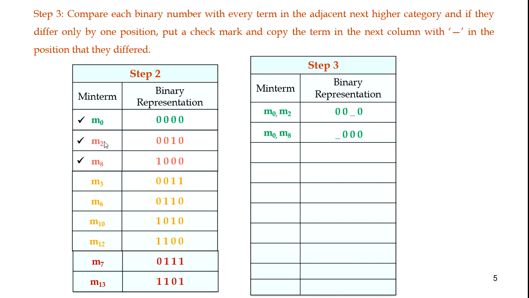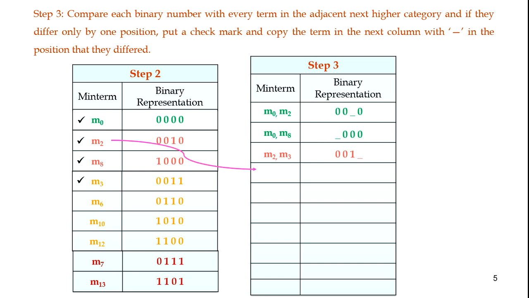After that we compare M2 with the next higher order category, which is M3. When we compare M2 and M3, the LSB is the varying bit. So we represent it as 001-. We tick M3 here. Since M2 is already ticked, we don't need to tick it again.